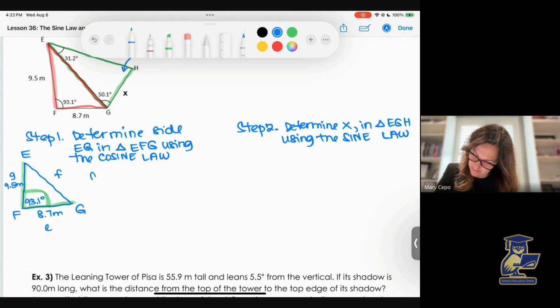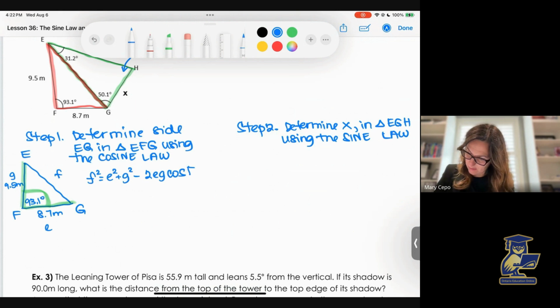So we're going to say f squared is equal to e squared plus g squared minus 2eg cosine of angle F. Okay, so f squared is equal to 8.7 squared plus 9.5 squared minus 2 times 8.7 times 9.5, and then cosine of 93.1 degrees.